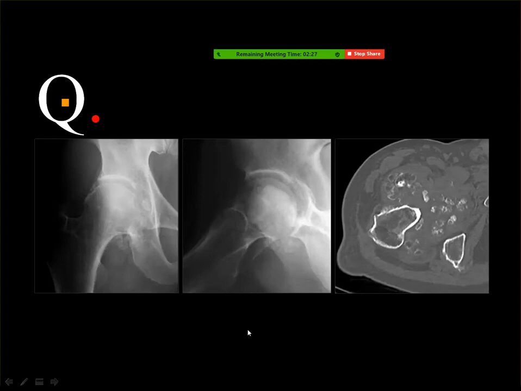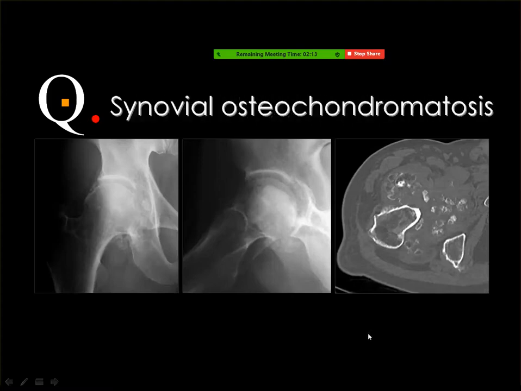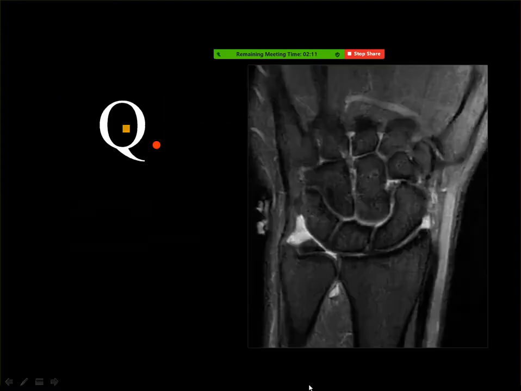Osteochondromatosis. Yes, this is synovial osteochondromatosis. You got too many loose bodies in the vicinity of the knee joint. They are clearly seen here in the plain film, but they are evident in the CT scan. This is synovial osteochondromatosis.